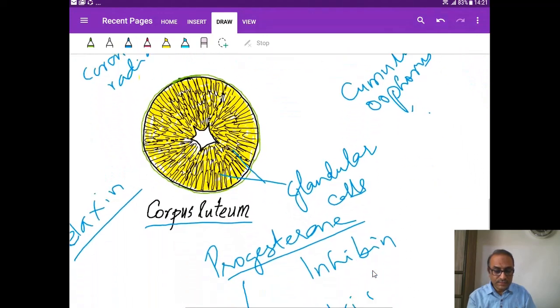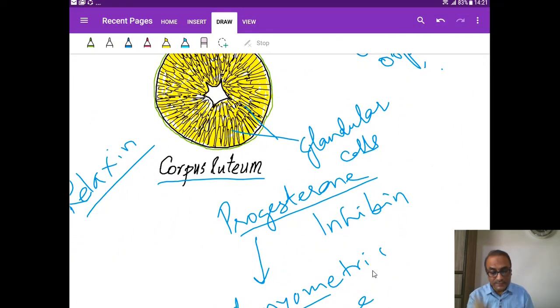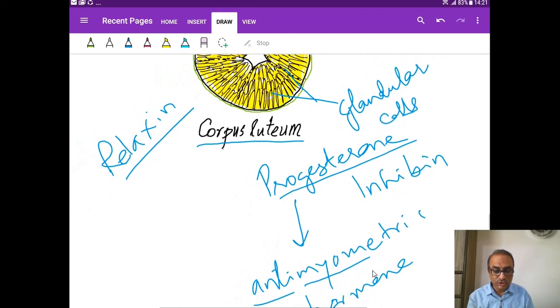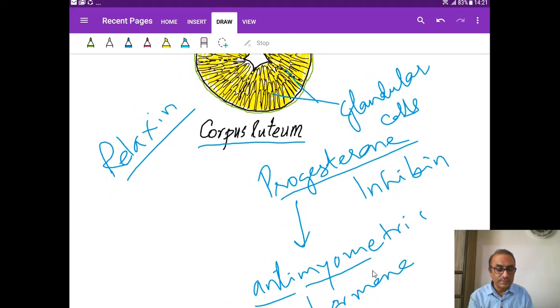Then we have seen another endocrine gland, that is Corpus Luteum, formed with the influence of LH, luteinizing hormone, and this is responsible for secretion of mainly progesterone, relaxin, and according to some authors, even some amount of inhibin is also being released from corpus luteum.